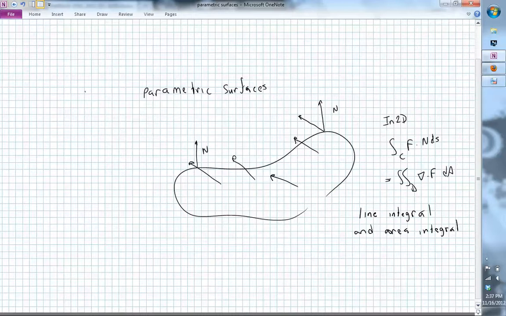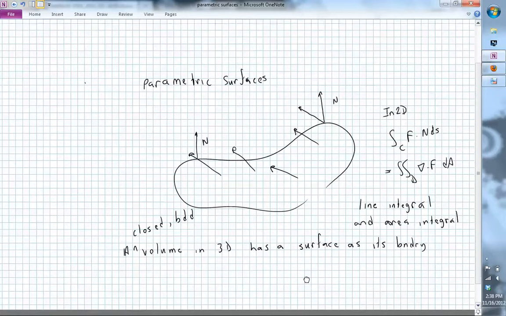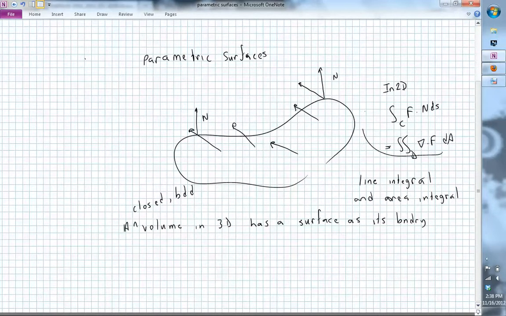Its boundary is a surface. And let's say a closed bounded volume. A closed bounded volume in 3D has a surface as its boundary. Now, what I'd really like to do in particular, I'd like to take this guy and write it like this.